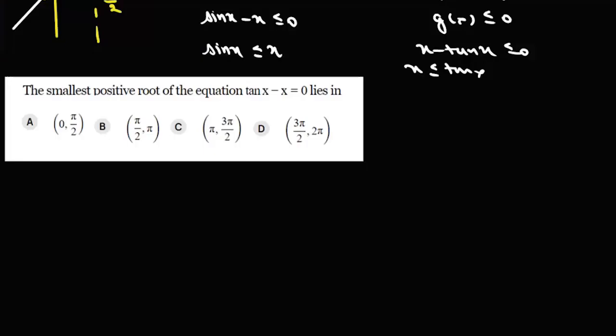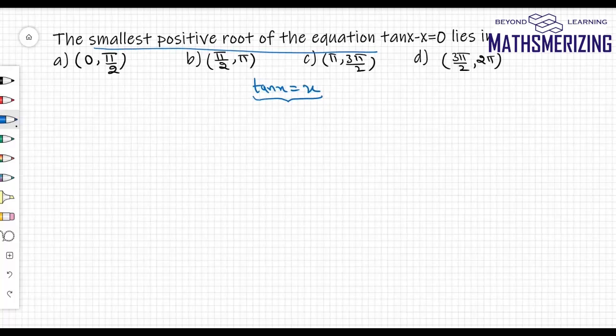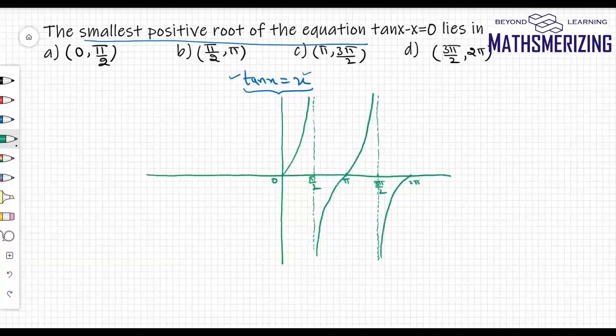Now let us take an example. The smallest positive root of the equation tan x minus x equals 0 lies in. So we have this equation, which is tan x equals x. I'll draw the graph of tan x and I'll draw the graph of the y equals x line. So first I'll draw the graph of tan x. So that's the graph of tan x.